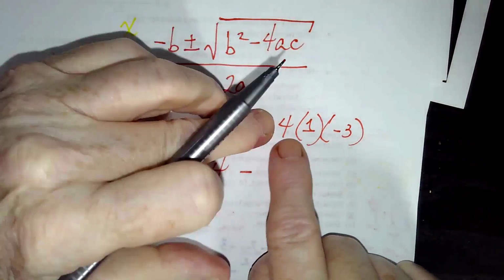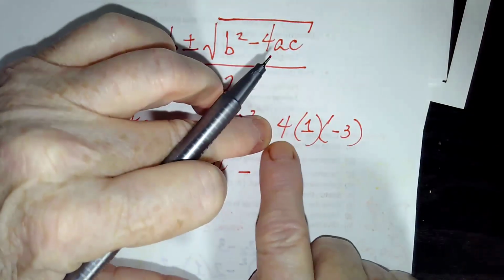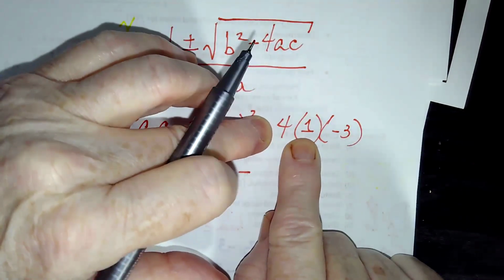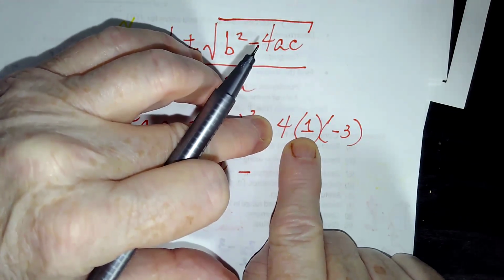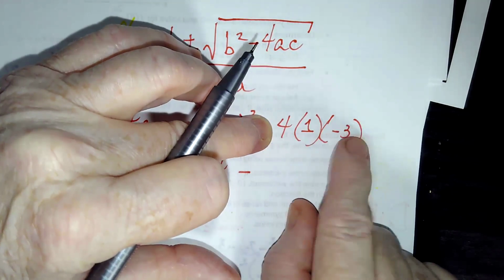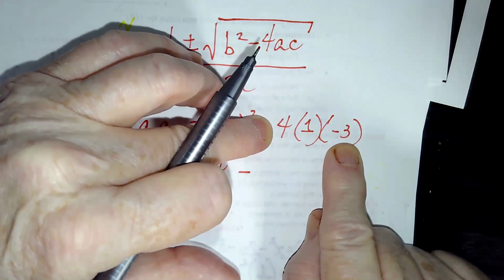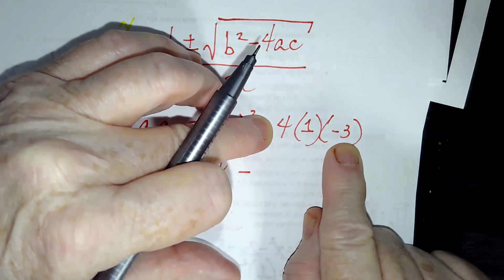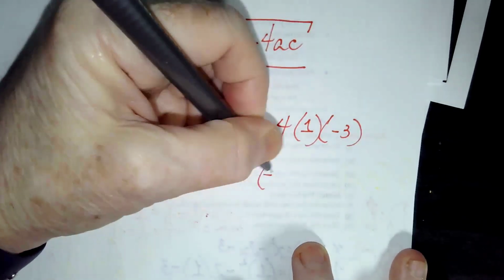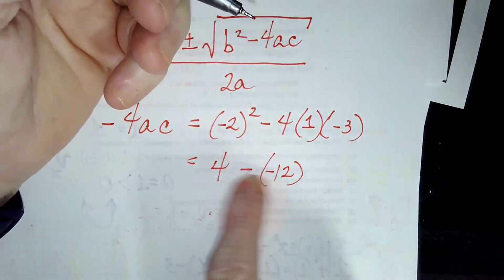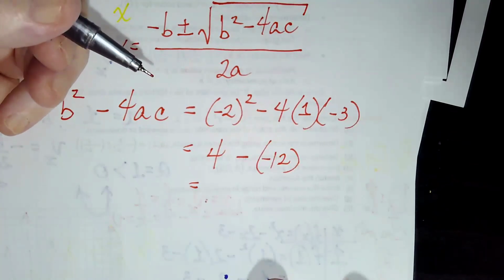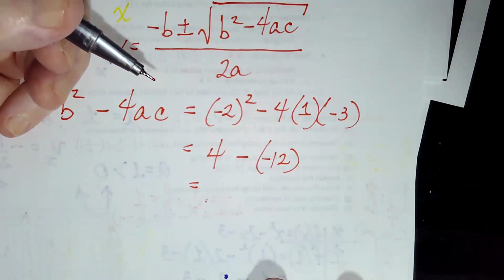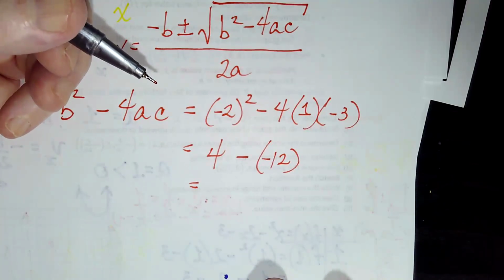Let's see, let's do this in 2 steps. 4 times 1 is 4. And 4 times -12. It turns into a positive, correct?